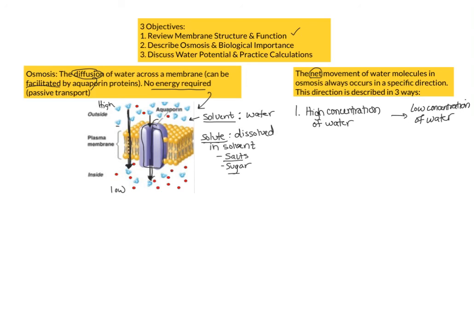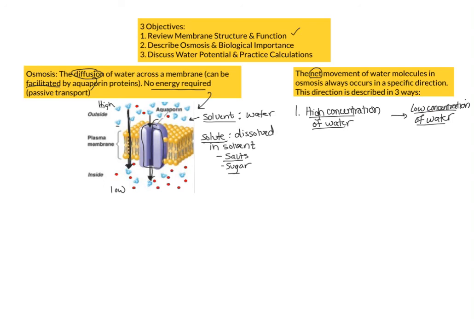We know that all diffusion is the movement of a substance from where there is a lot of that substance to an area where there is less of that substance. That's passive transport. So that's the most immediate way we can think of osmosis, from an area of high concentration of water to an area of low concentration of water.